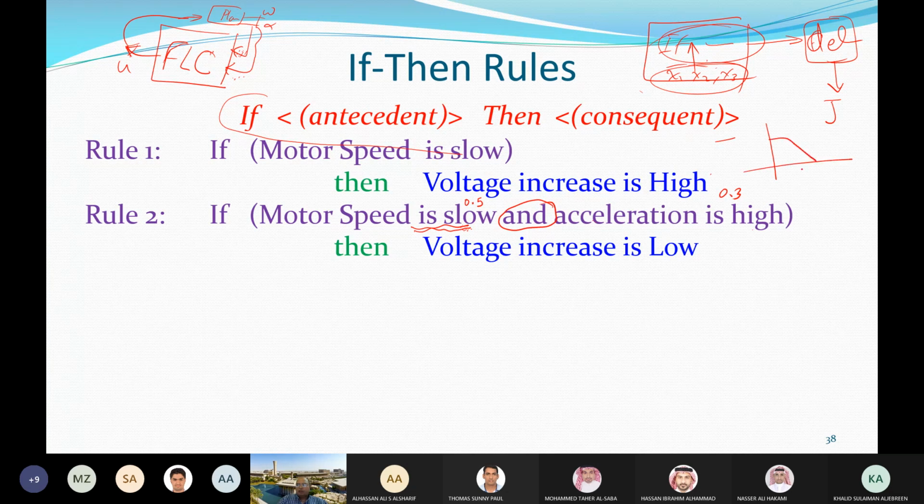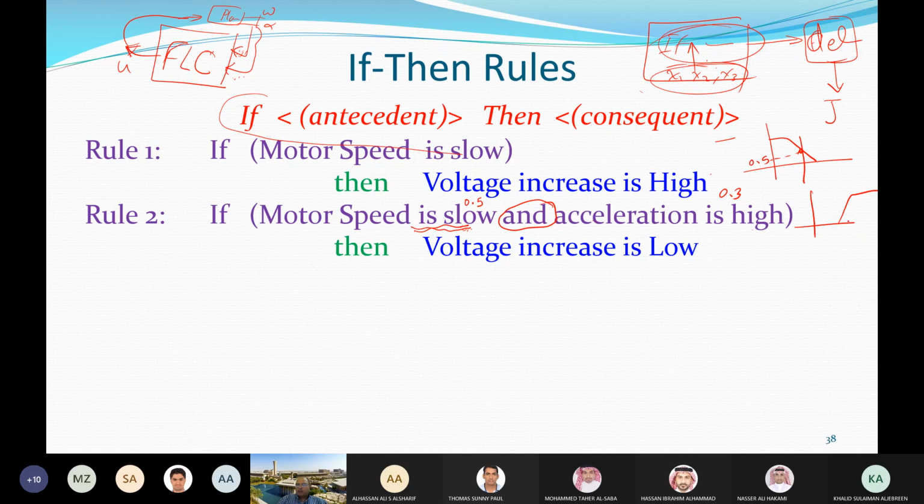This is the slow curve and this is the acceleration high curve. You measure the speed, and the degree of membership is 0.5, for example.